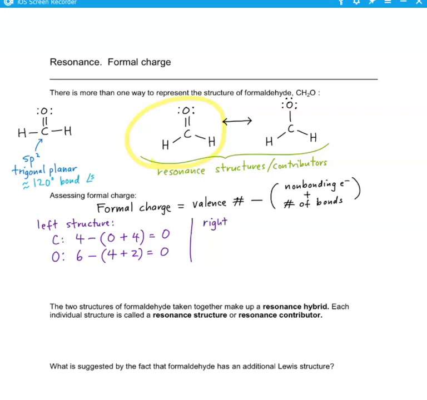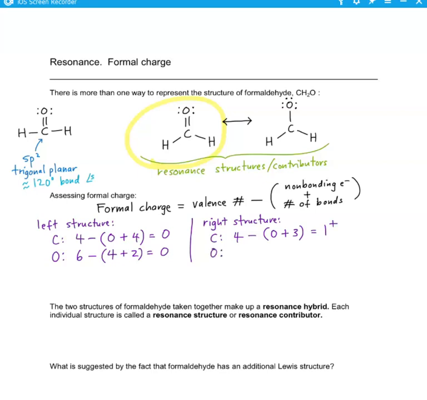For the structure on the right, to repeat the calculation for carbon, the valence number is still 4. We subtract off any non-bonding electrons. There are no such electrons on that carbon in that structure, so that's 0. And we also subtract off the number of bonds. There are 3 bonds to that carbon. That gives us a formal charge of +1.